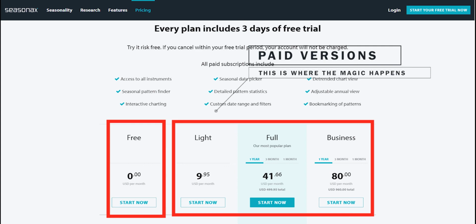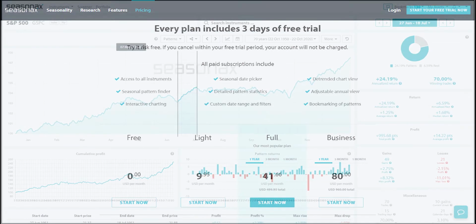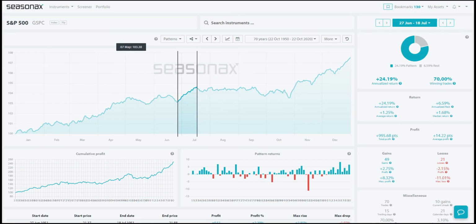Unfortunately, on this website, you can find only monthly patterns. Also, in the application, you can find information like annualized return, win percentage rate, and history for every year that your pattern occurred. You can test out currencies, commodities, stocks, indexes, and even crypto, with the paid version of course.